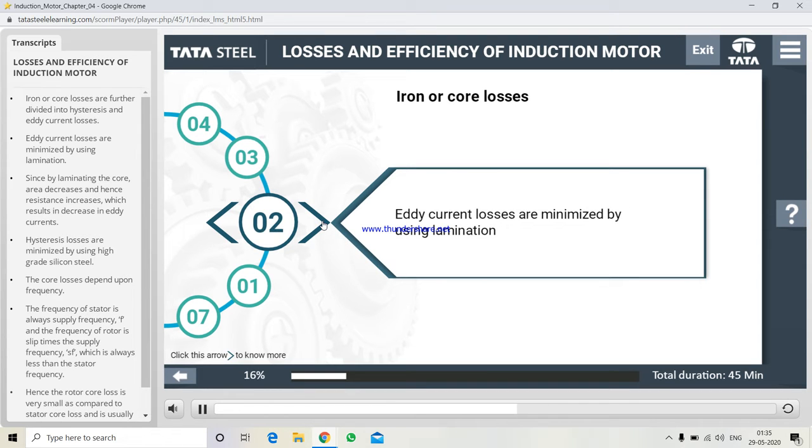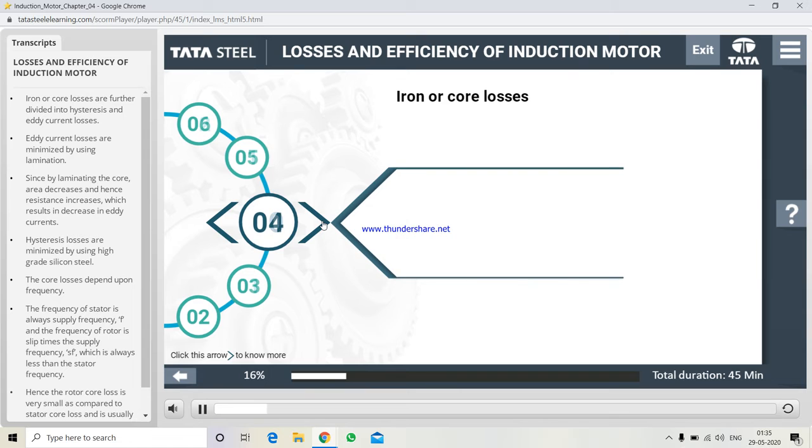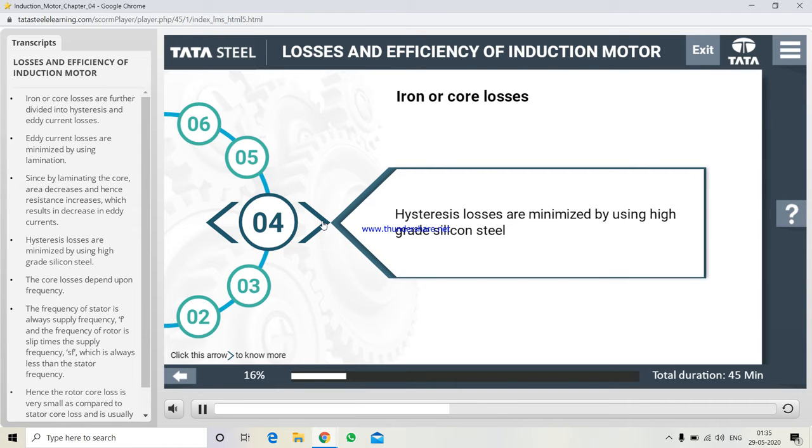Eddy current losses are minimized by using lamination, since by laminating the core, area decreases and hence resistance increases, which results in a decrease in eddy currents. Hysteresis losses are minimized by using high-grade silicon steel.